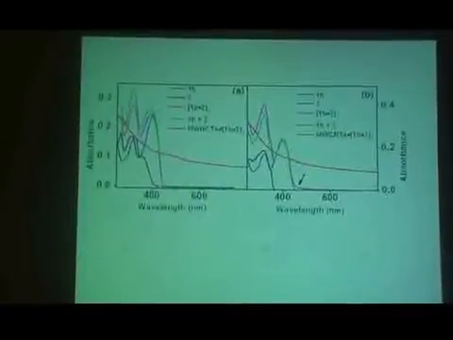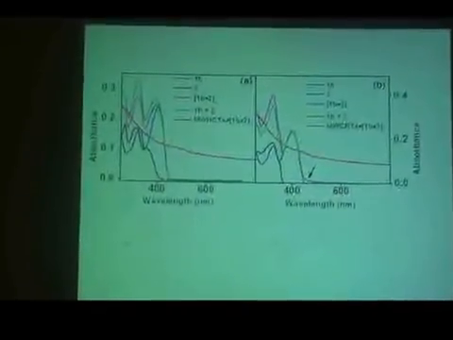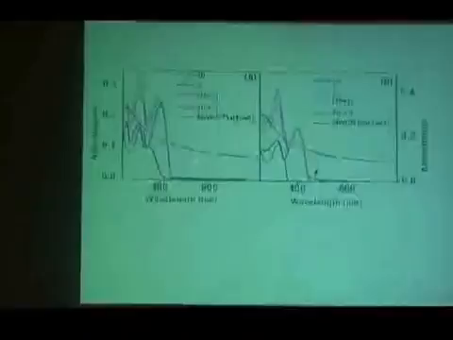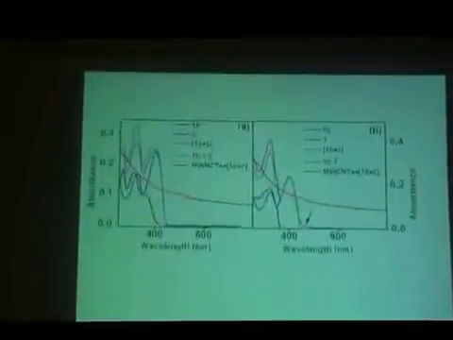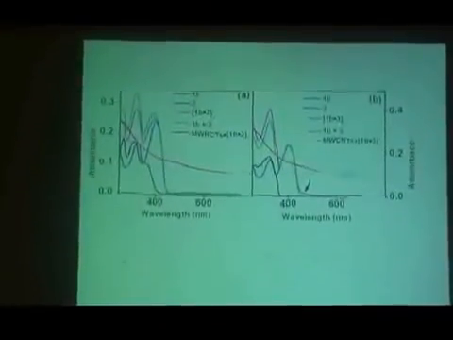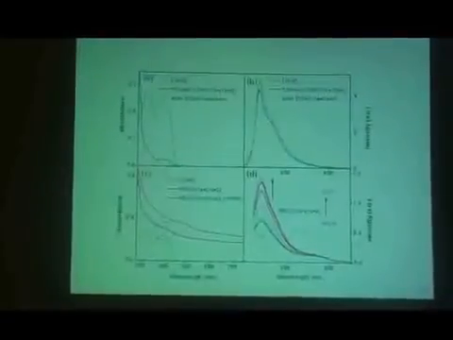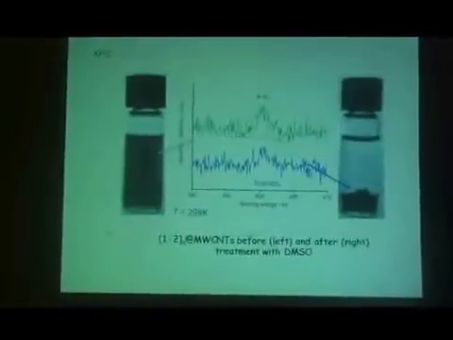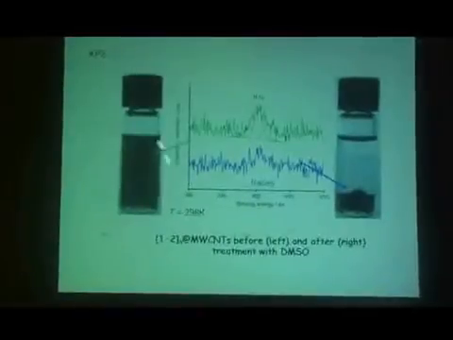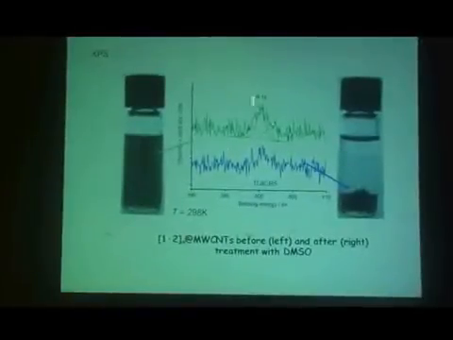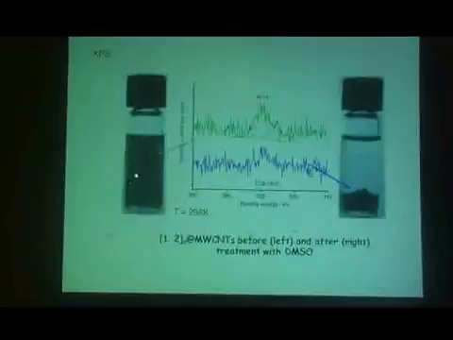We studied this by absorption and emission, where you see the formation of a new band. So we feel that there is a formation of supramolecular polymer around the surface. And then we characterize it with different techniques like XPS, where you get the nitrogen signal in the case of this solution, whereas in this case you do not get a nitrogen signal because of the absence of the molecules.